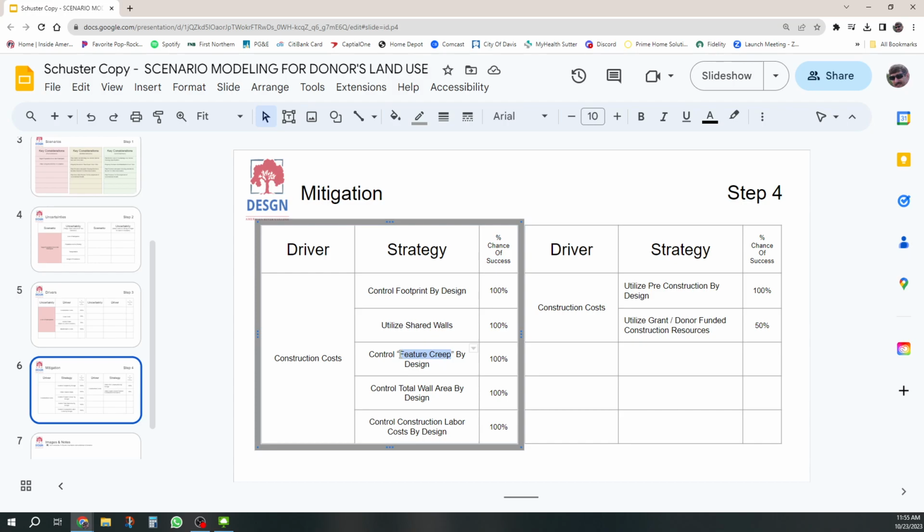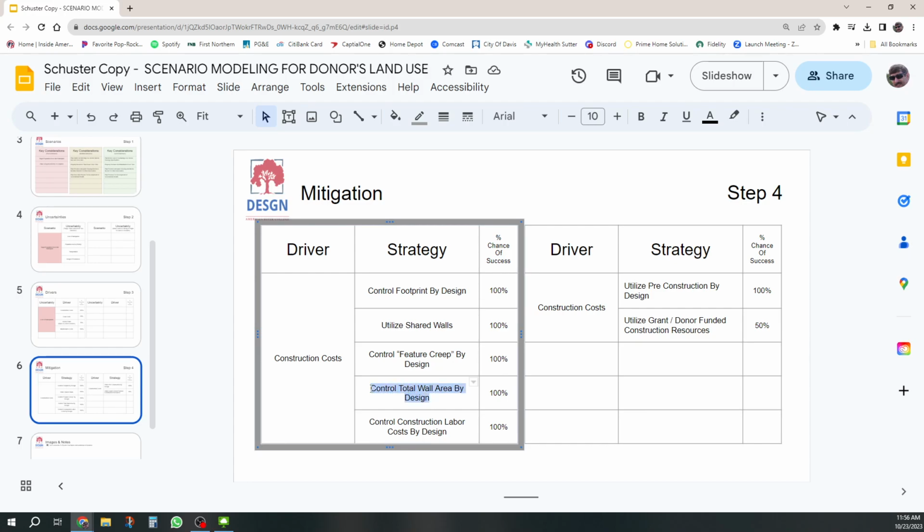Okay, and many of those features cause regulatory costs and standards costs. Just our basic building standards, building codes. So by doing things to eliminate feature creep and code creep, we have control over that. We also know that wall area and roof area are a big driver to the construction costs.